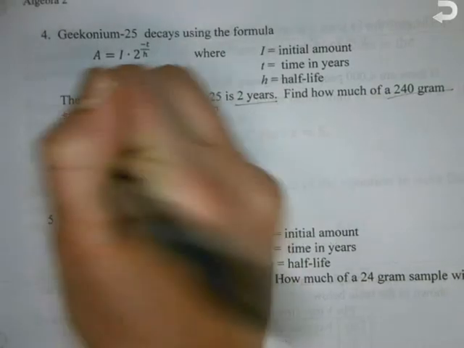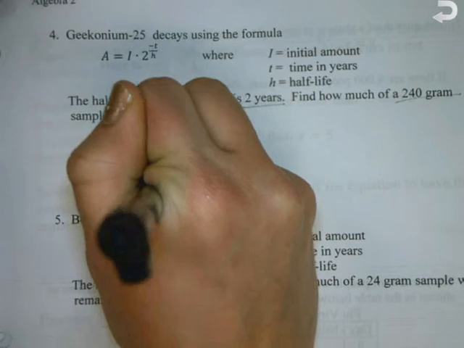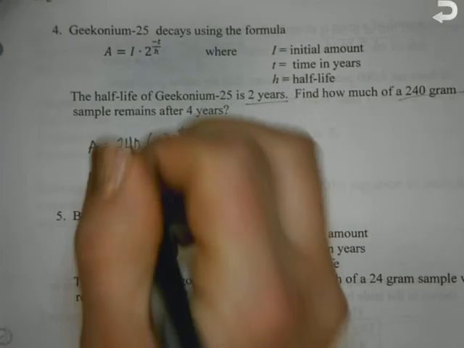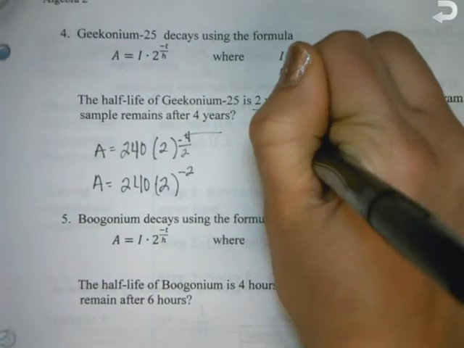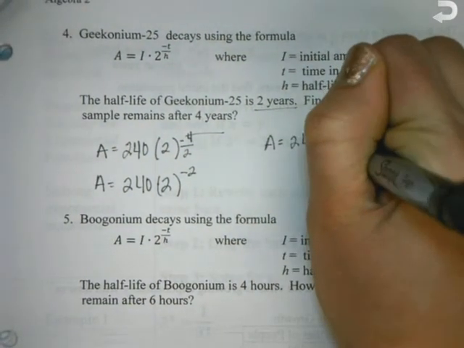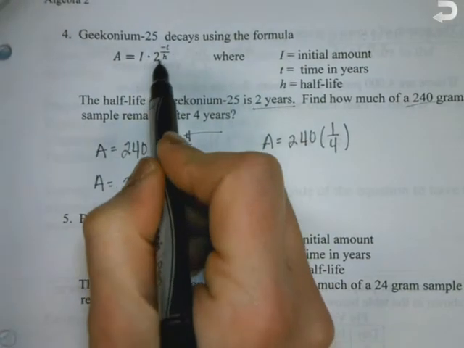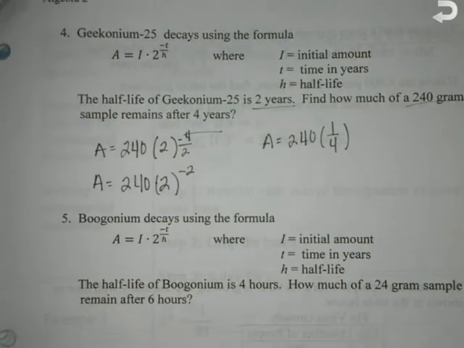And we should know this by now. What is 2 to the negative 2? 1 over 4. So this is actually the exact same formula, but because it's a 2 instead of a 1/2, they make the T negative, but it's the exact same formula. So this is the same as 240 over 4, which gives me 60. 60 what? Grams.